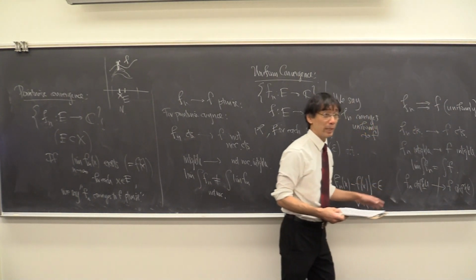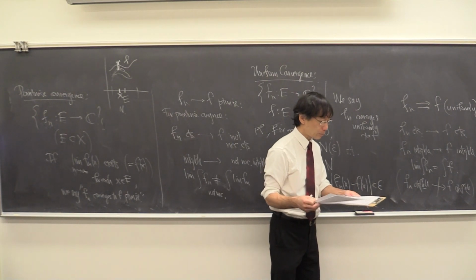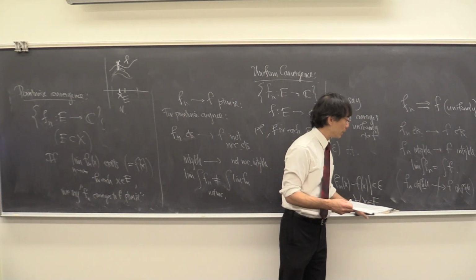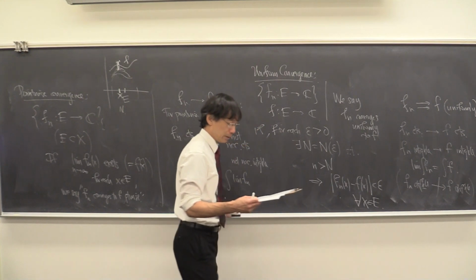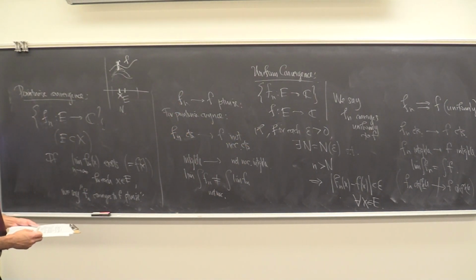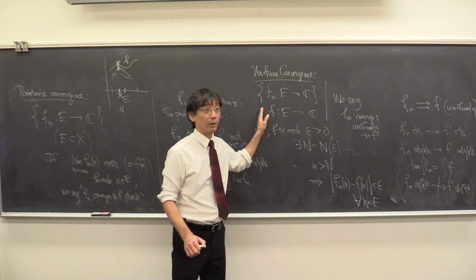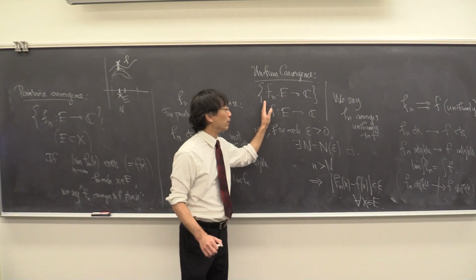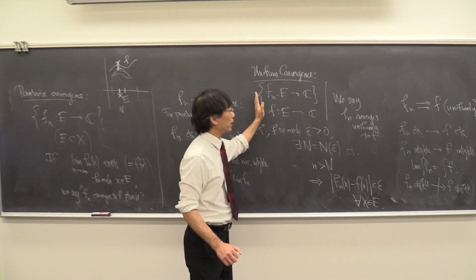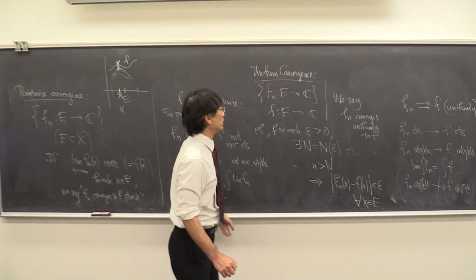There's a more complicated version that does work out, but you have to put a bit more constraints on it for that to work out. Okay, so this notion in particular is going to be really important.